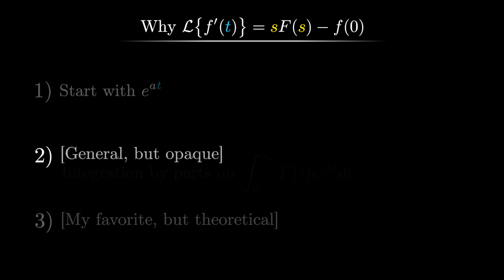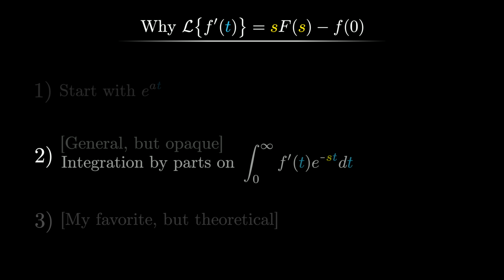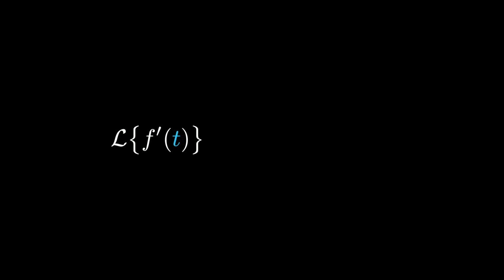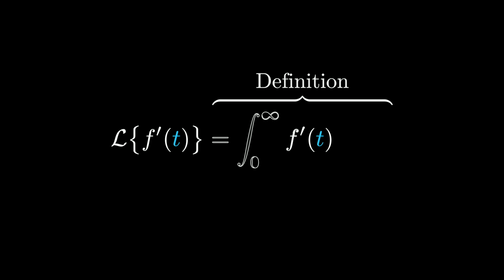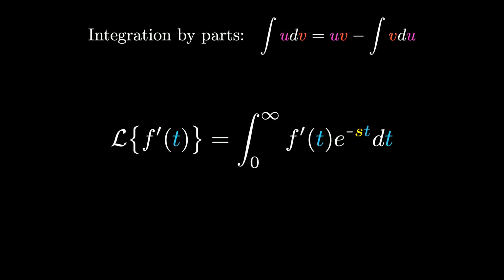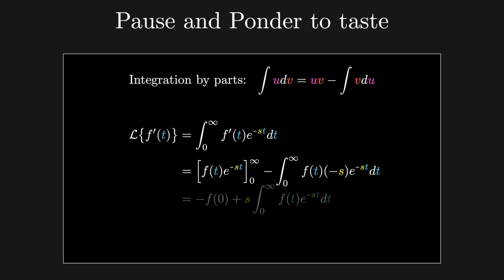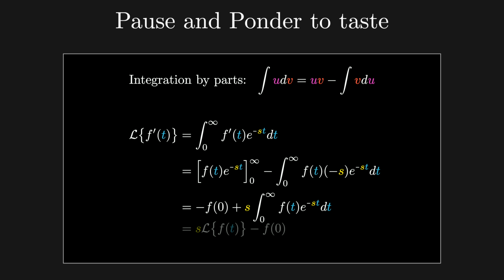The second explanation I want to at least briefly flash up here is the one that you'll see in most textbooks. The idea is to simply pull up the definition of a Laplace transform, which somewhat bizarrely we actually haven't had to look at ever since the last chapter, and then to evaluate it, you apply integration by parts. This is another case where I think it's best to just leave the details on screen for any curious and calculus-savvy students who want to pause and think it through.